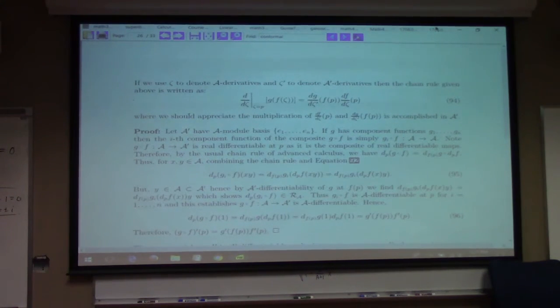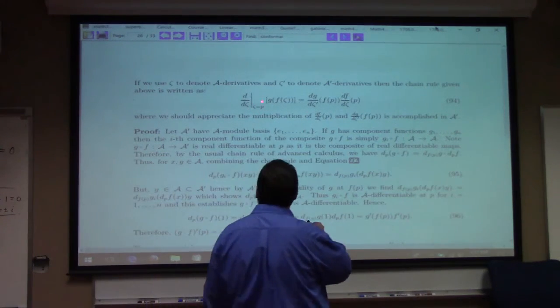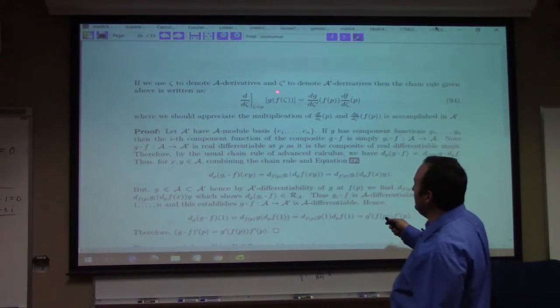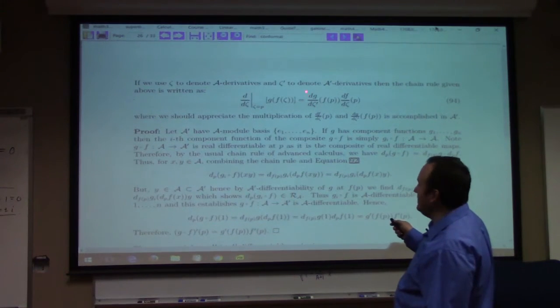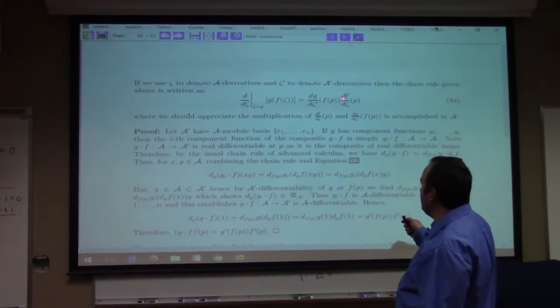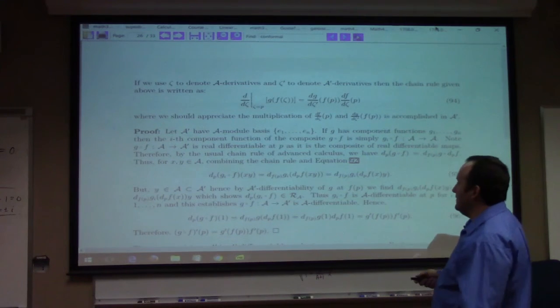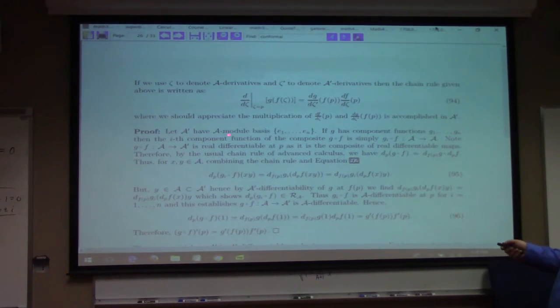So here it is in gory detail. d/dζ at the point p of that would be dg/dζ', the extension algebra variable differentiation evaluated inside the function, times df/dζ at p. All right. And here's the proof. The proof basically is to use the chain rule of advanced calculus, which says that the differential of the composite is the composite of the differentials.